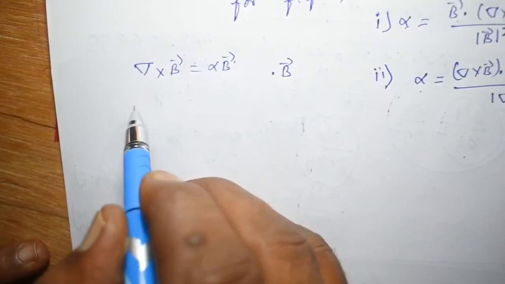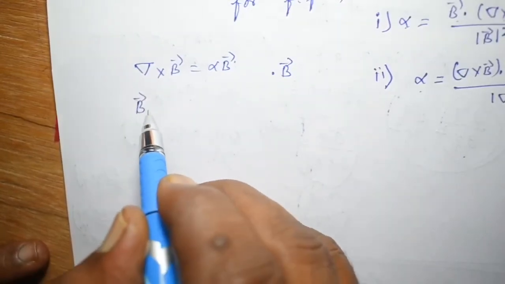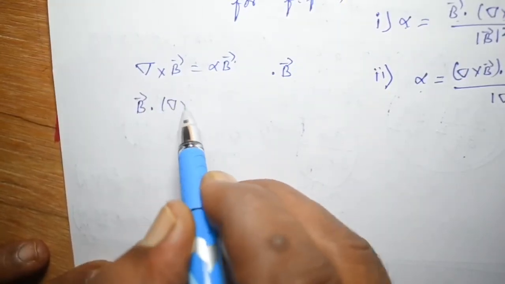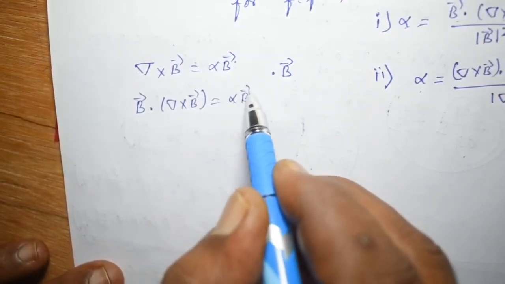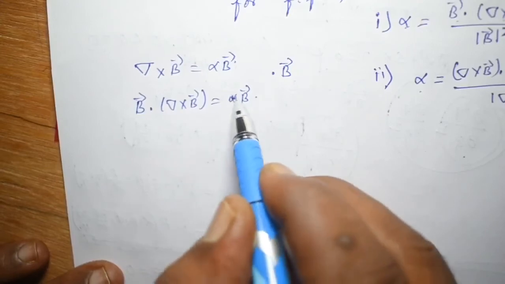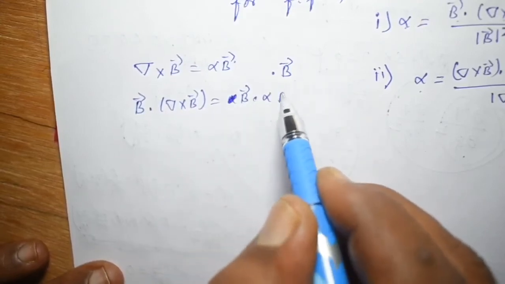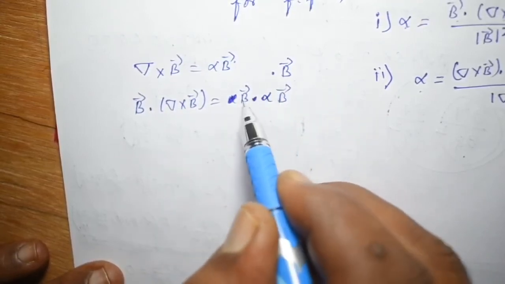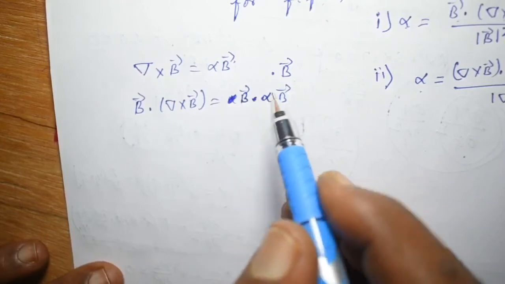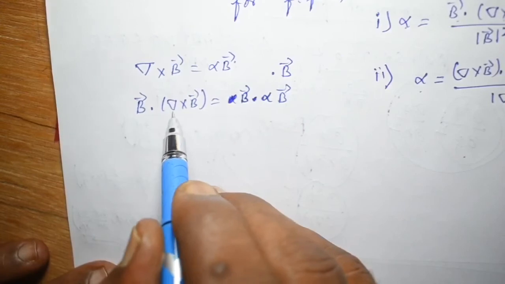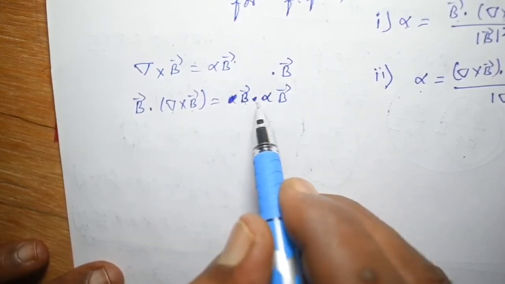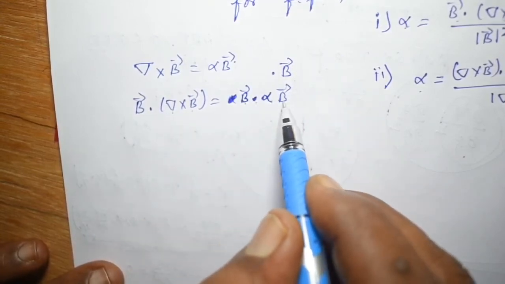So B dot curl of B is equal to B dot alpha B. No problem, because dot product is commutative, right? So B dot curl of B is equal to B dot alpha into B.